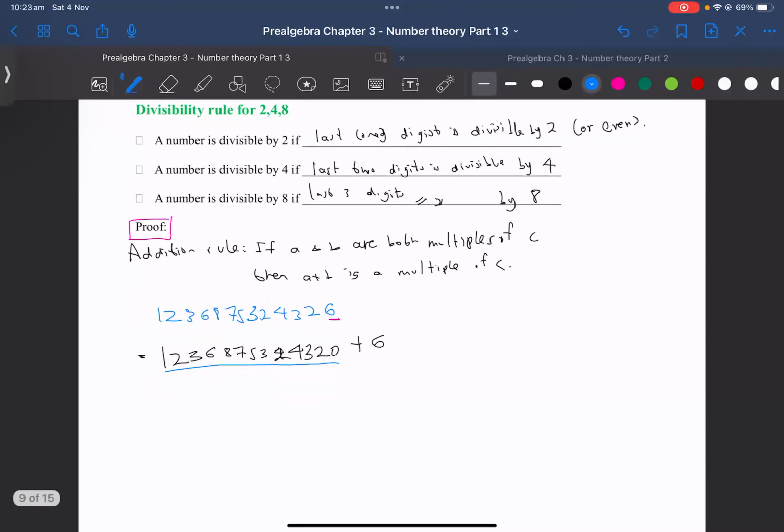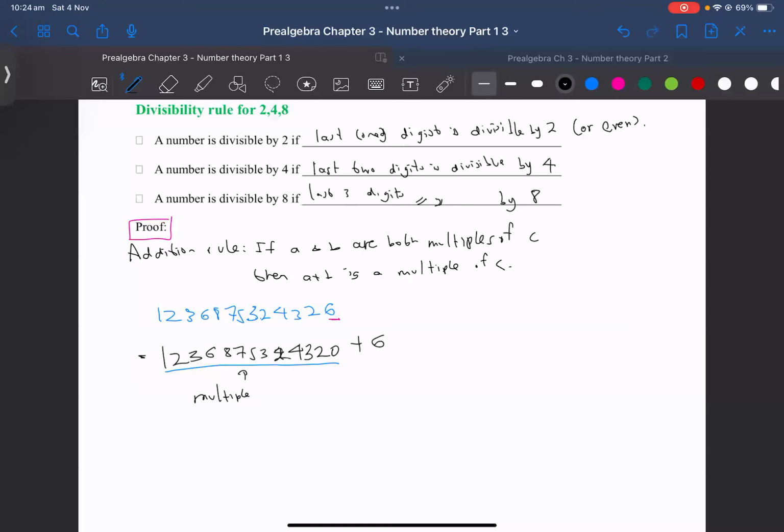It's pretty obvious, because any number ending with a 0 is a multiple of 10, and any number that's a multiple of 10 is also a multiple of 2. Do you agree? Does that make sense?